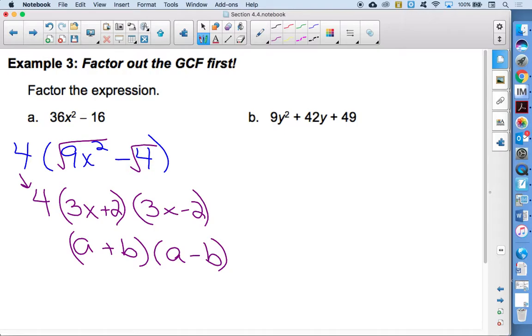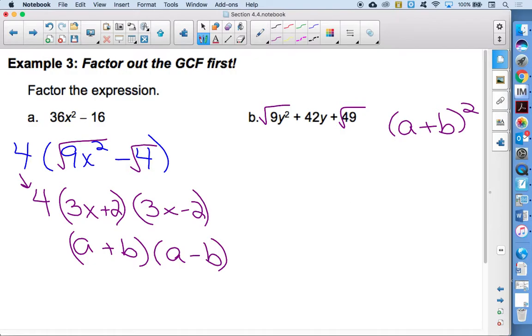So if you look at letter B, we have 9y squared plus 42y plus 49. What do they have in common? Do they have anything in common? No. So they have nothing in common, but what do you notice about the first number and the last number? Brandon? They're perfect squares. So this is the perfect square pattern that says A plus B quantity squared.